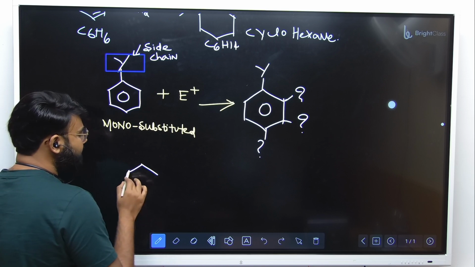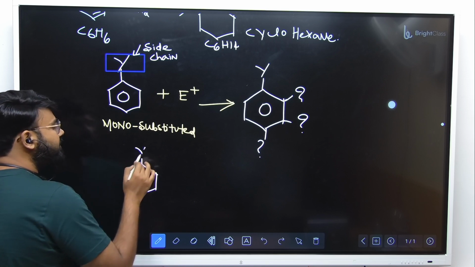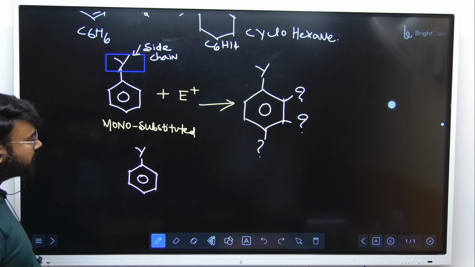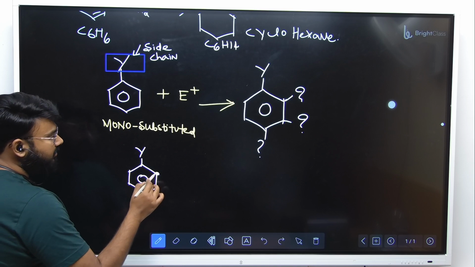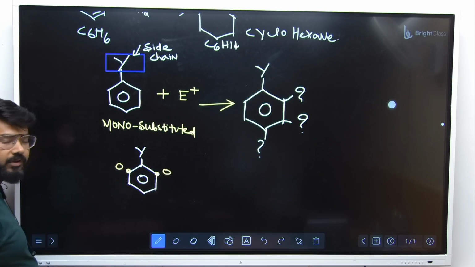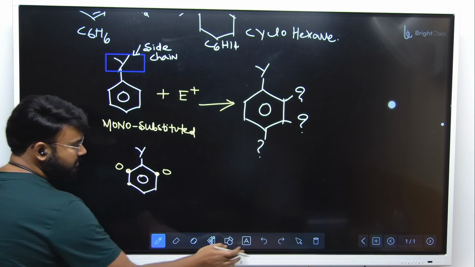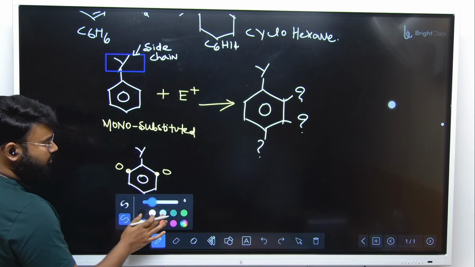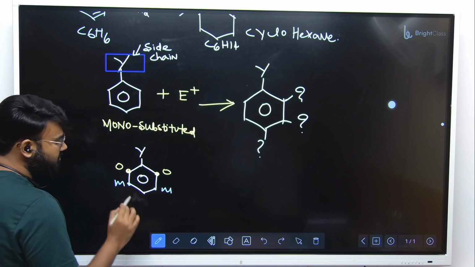Remember one thing, when there is a side chain, the immediate next positions are called ortho positions. Next to ortho, these positions are called meta positions.